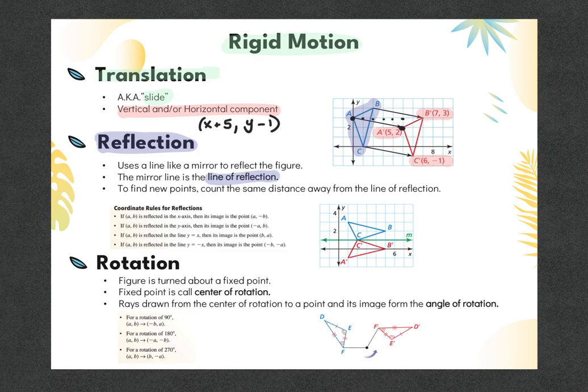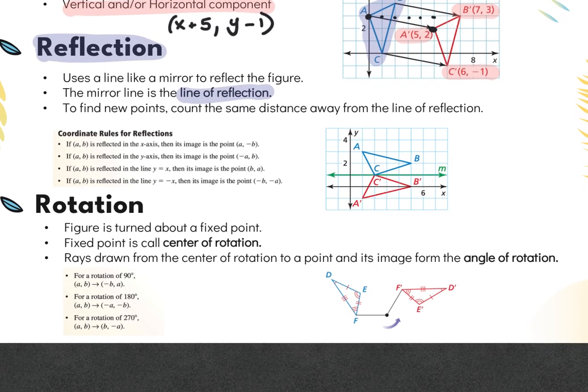In the image here, the pre-image, again, is your regular letters, A, B, C. And the image is the red, A prime, B prime, C prime. It was reflected over this line of reflection, which in this case is Y equals 1, because it's a horizontal line that runs through 1. So we would say that all of those points were reflected over Y equals 1.